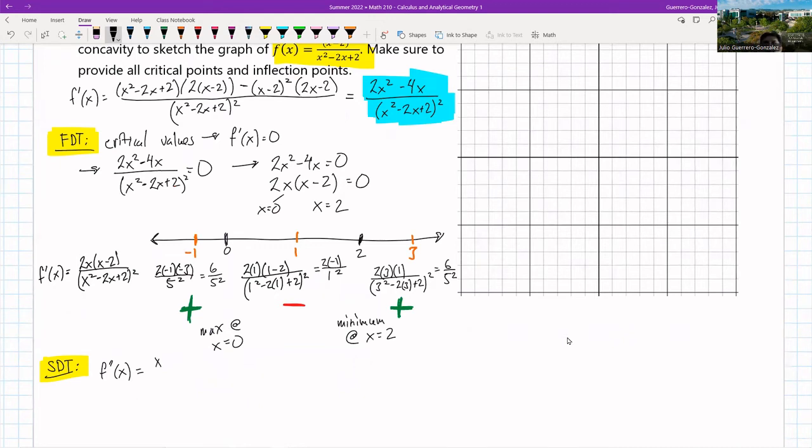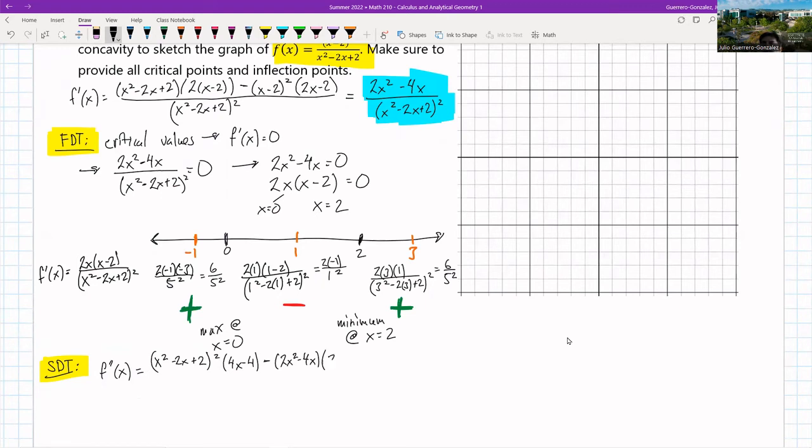Low, x squared minus 2x plus 2 squared, times d high, 4x minus 4, minus high, 2x squared minus 4x, times d low.